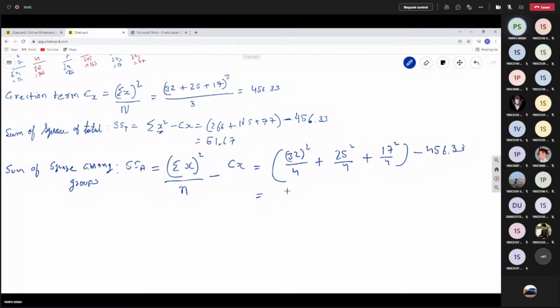If you calculate it, it would be something around 28.17. Okay, this is what we got. Now the calculation is a bit long, there are many terms.